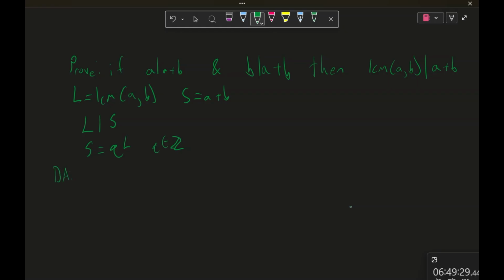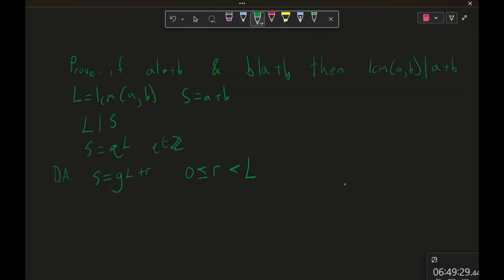We'll divide S by L. So S equals G times L plus R, where R is between 0 and L.